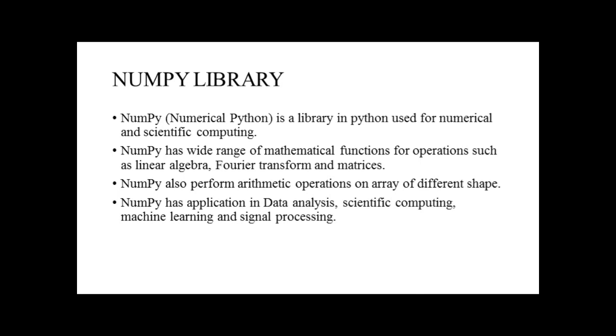So to make programming easier, a developer has made this kind of library where the things have already been written. You just have to call that name and you can use it. So it has a set of predefined functions.